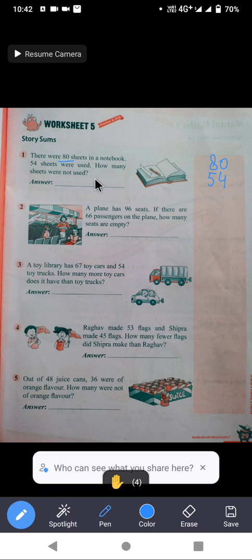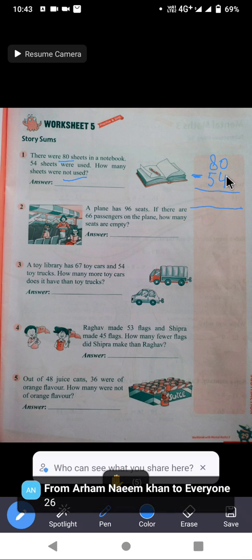So how many sheets were not used? To find out how many were not used, we need to perform subtraction here. So put the minus sign here, and we all know that we subtract smaller number from bigger number only. We can't subtract bigger from smaller. So always we put the bigger number on the top and the smaller number below that.